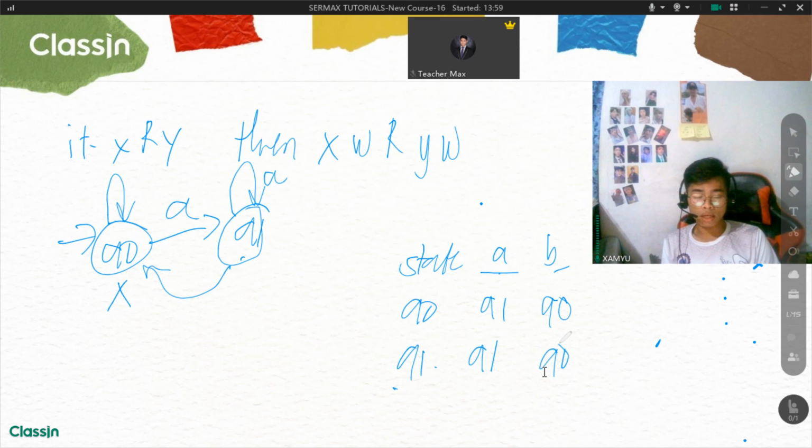So they are balanced, or they have a right invariance equivalence, wherein, as in our discussion, if x is related to y under the equivalence relation R, then appending a string to both x and y will preserve the relation. Therefore, the relation does not change when extended by strings on the right.